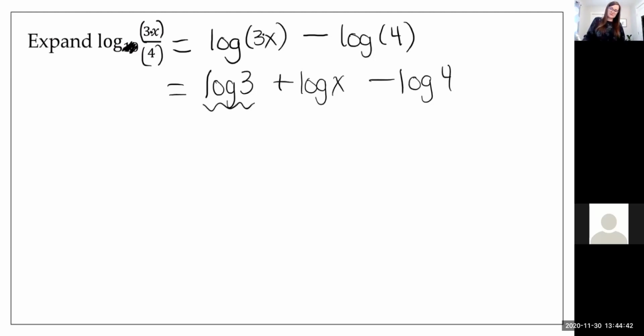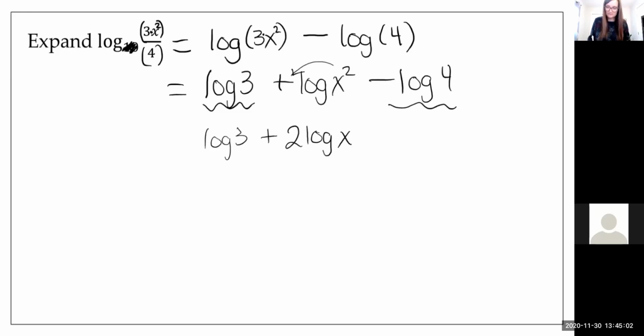Sometimes these will simplify because there'll be special powers or something, but there's nothing really to do there. If we had an exponent, like x squared, then you could drop that 2 up front, but nothing else would happen. If a log does not simplify nicely, then you just leave it.